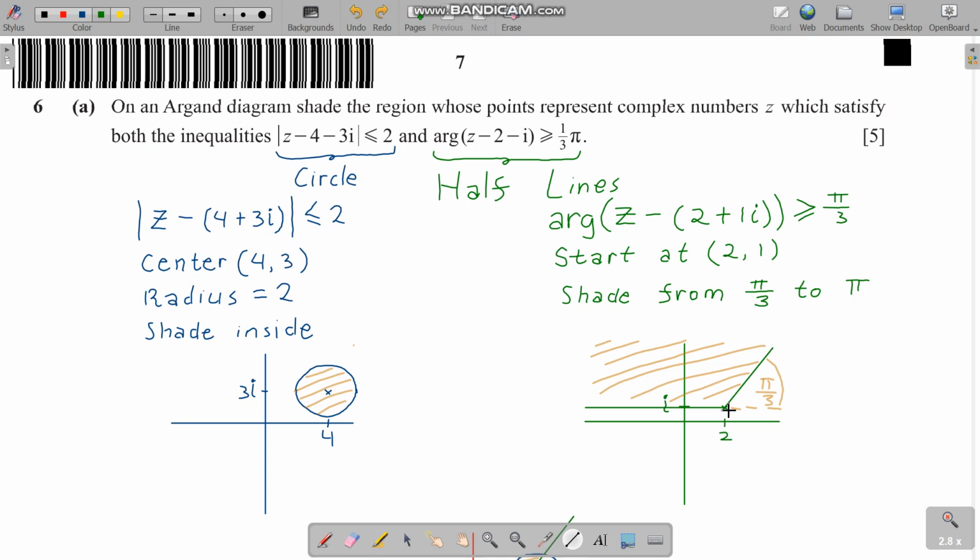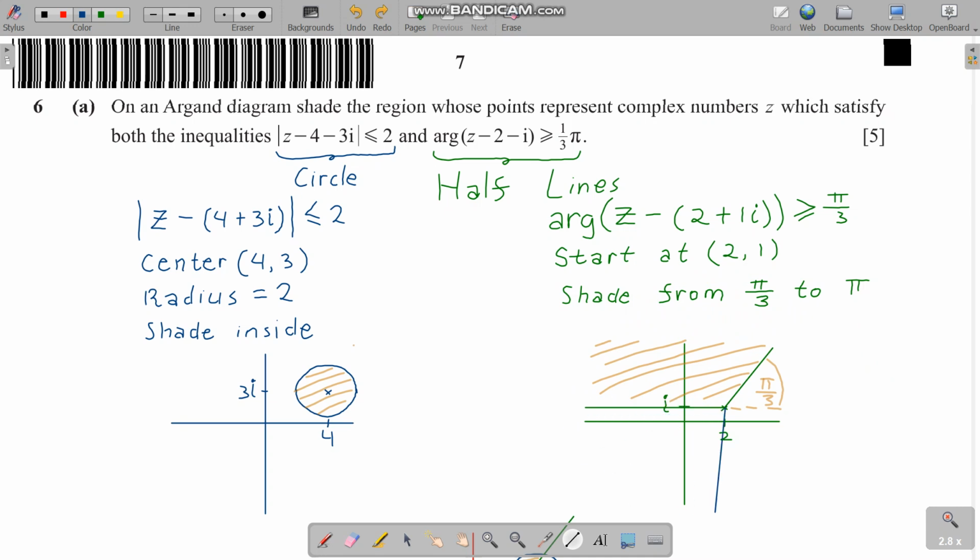So the angle calculation starts from this point to the positive x direction or positive real direction. So from here, this is the 0 degrees, this is pi over 3, and so on. So this is the angle from positive x-axis. Since the angle should be greater than pi over 3, we start from here. Greater than means we go in this direction until the maximum angle, which is pi.